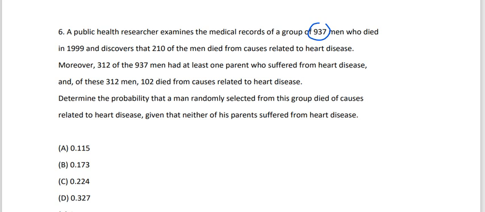Among them, some people died from heart disease, and some people died from other disease. So here, heart disease or not heart disease.